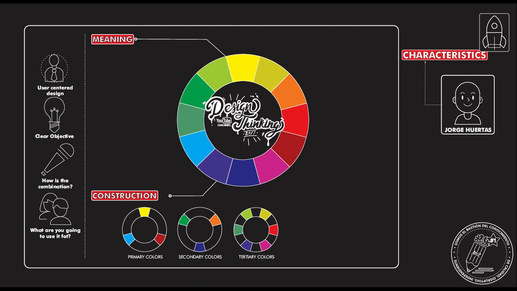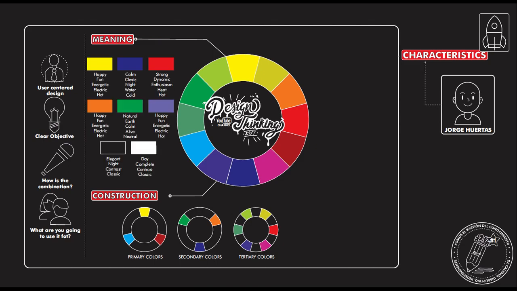When you understand that, you start to see that each color has a specific meaning. Among the primary colors, yellow is always related with something that is happy, fun, energetic, electric, and hot.